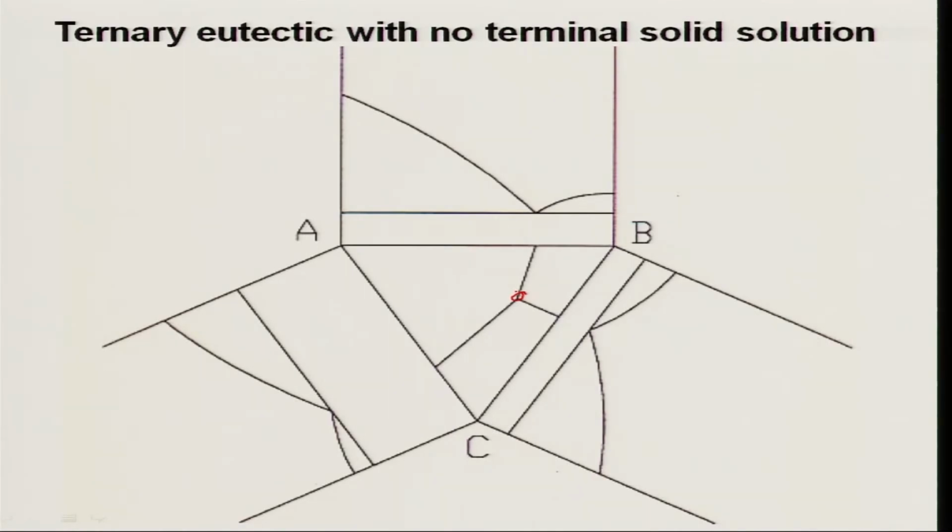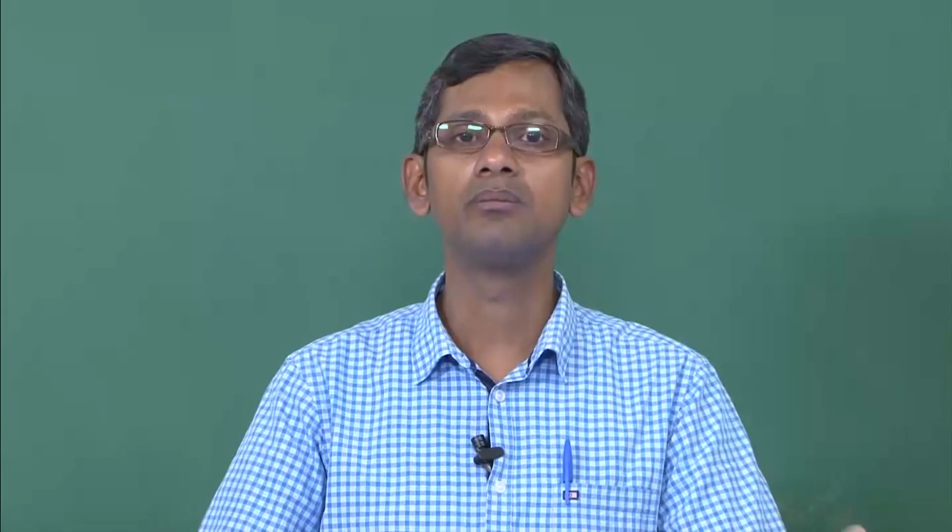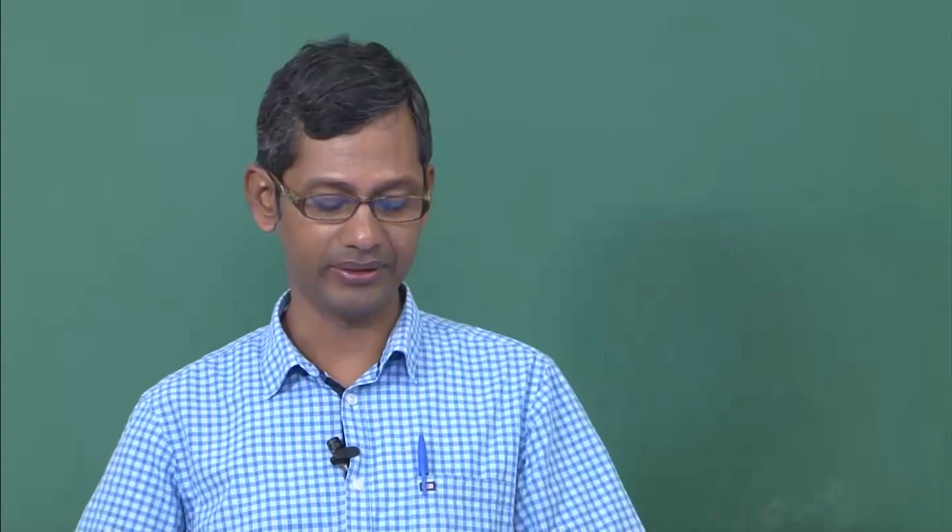Because not only does the composition lie inside the ternary Gibbs triangle, but also the eutectic reaction involves 4 phase equilibrium. This is different from the ternary eutectic that is an extension of the binary eutectic, which we discussed in the case of 3 phase equilibrium, correct. So, that is not a true ternary eutectic, but here it is a true ternary eutectic.